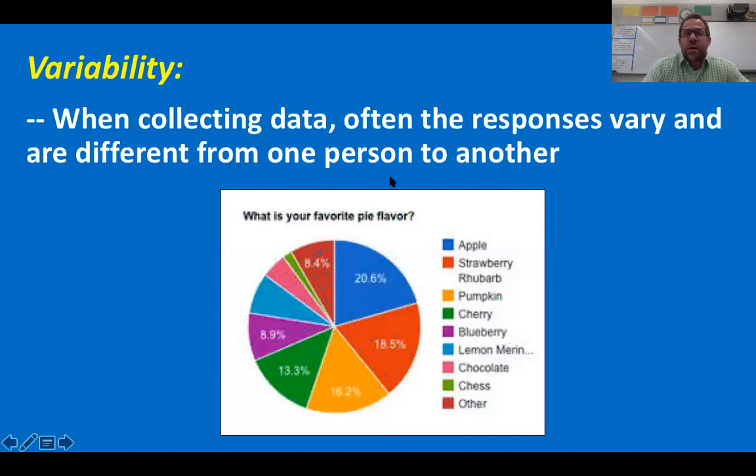When collecting data, often the responses vary from one person to another. For example, here is a survey on favorite pie flavor. You can see there were 8 options, and then a 9th option was other. So there was a lot of variability. Not everyone chose the same favorite pie.